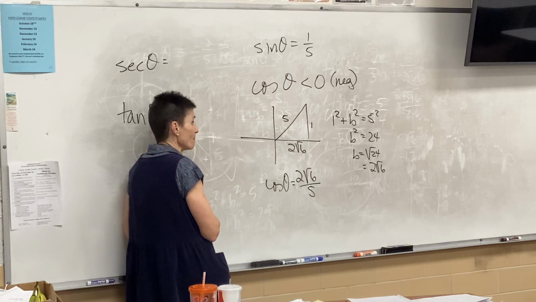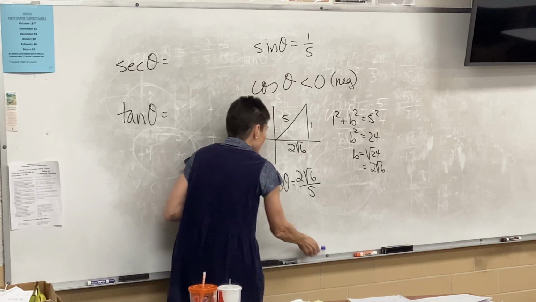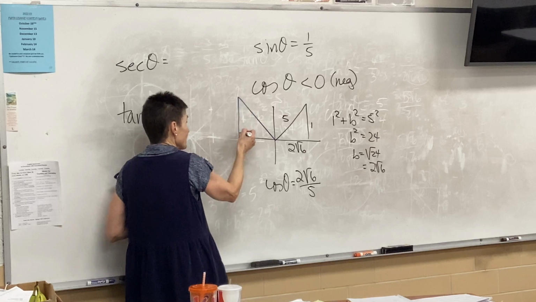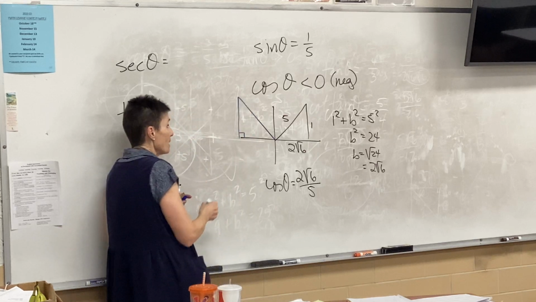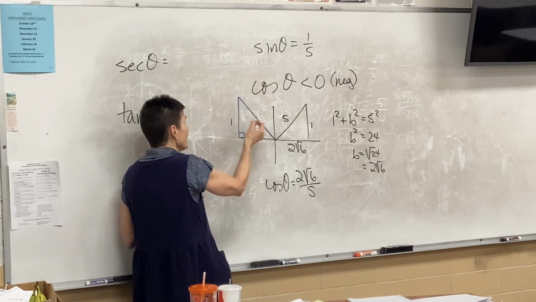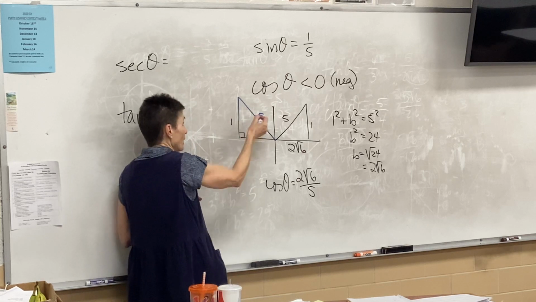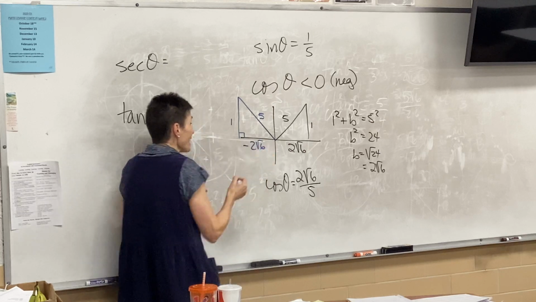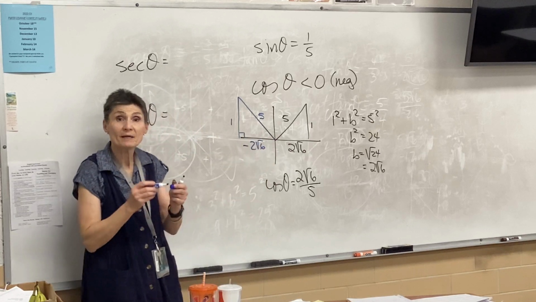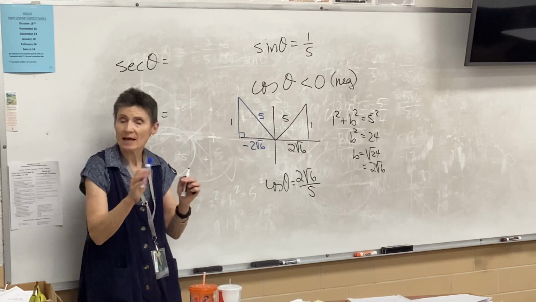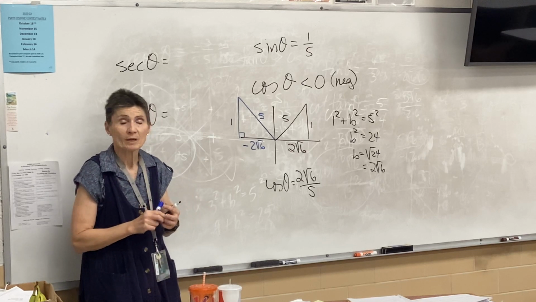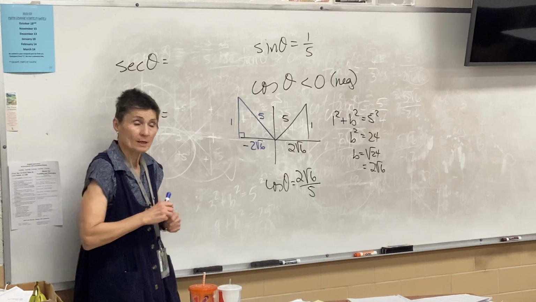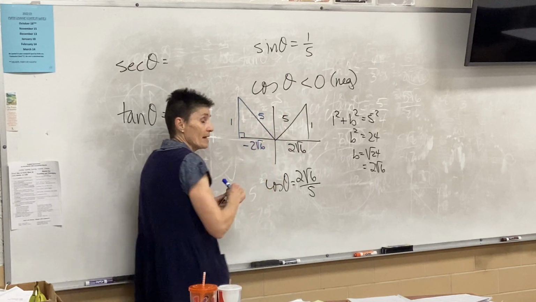So guys, does it make sense to you that instead of looking at that triangle, maybe I should be looking at this one? Because the sine is still positive 1/5, but now the adjacent side would be negative 2√6. The Pythagorean theorem doesn't change, so it's still 2√6, and now it would be negative, which is exactly what the problem said.